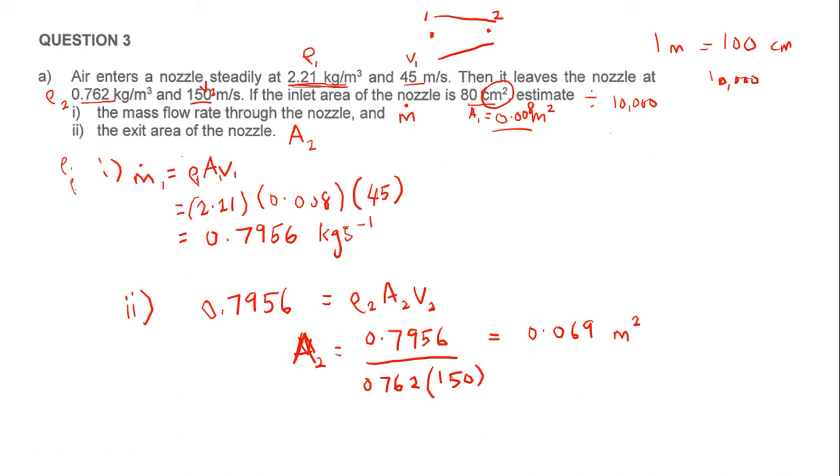So, this is the answer. Easy, right? Or difficult? Okay. So you have your mass flow rate at A2, row 2, A2, B2. Okay, good. Or you can also use A1, B1 equal to A2, B2.